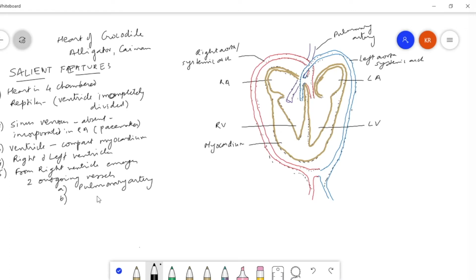But this aorta is going to the left side, so this is called the left aorta, or the left systemic arch. You see, from the right ventricle emerges the left aorta.